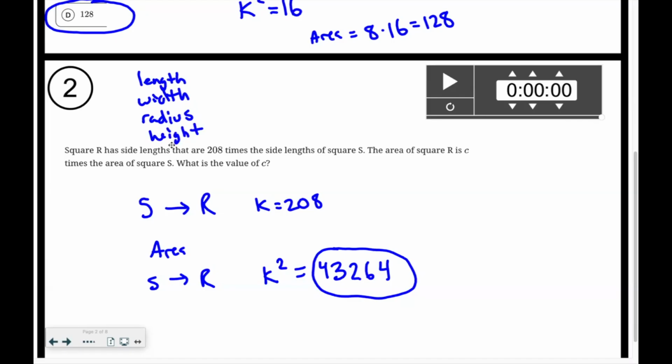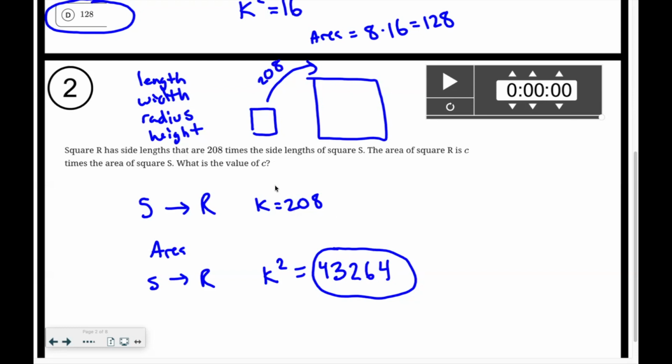When we have similar figures where one is just a bigger version of the other, what we multiply each side length by is called the scale factor. In this case, since square R has each side length 208 times square S, going from the small square to the big square, each side length is being multiplied by 208. That's what the scale factor is.